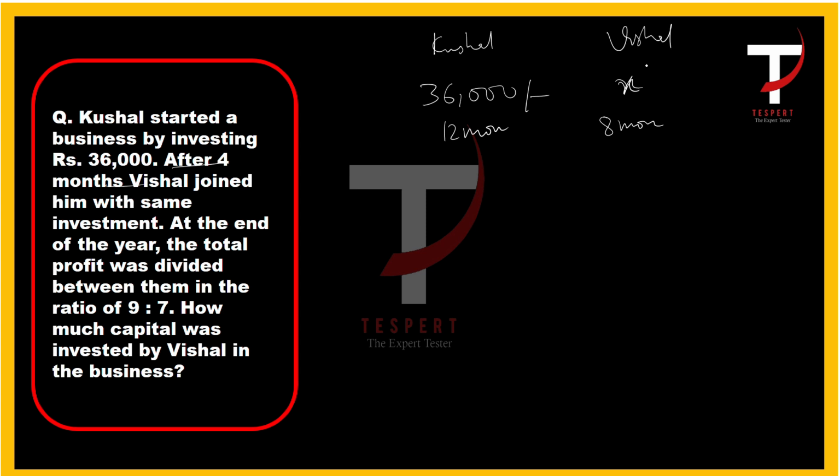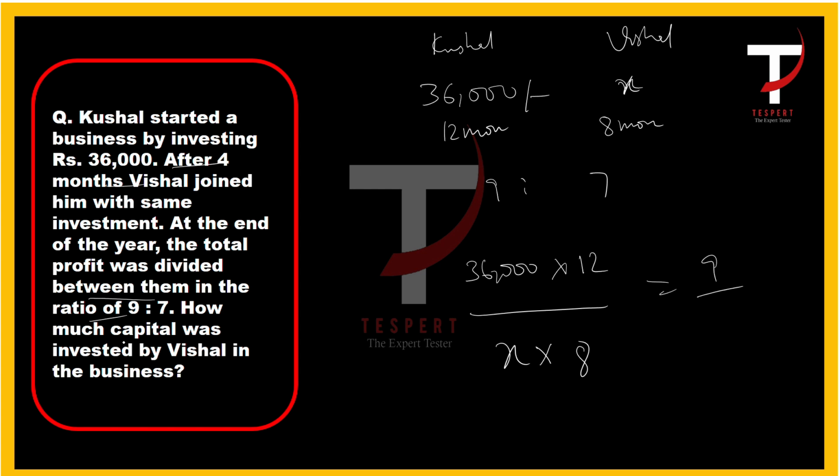At the end of the year, the total profit was divided between them in the ratio 9:7, right? So here if you observe, Kushal's investment is 36,000. So 36,000 into 12 months by Vishal's investment X into 8 months will be equal to the ratio of profits, that is 9:7.